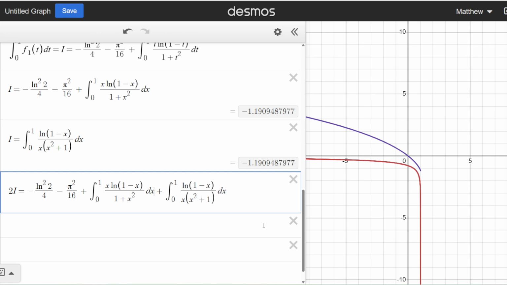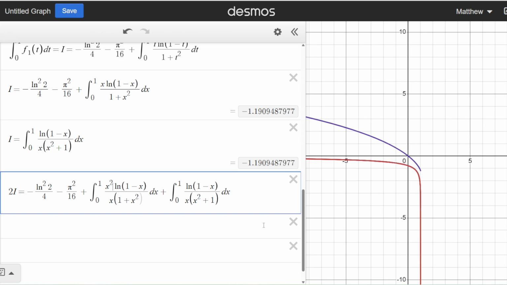Well, here, look what we can do. Let's multiply the top and the bottom of this by x. So we get an x squared upstairs now. And now we have the same denominator in both our integrals right here. That means we have the same bounds of integration too. So we can just add them together by adding their numerators together.